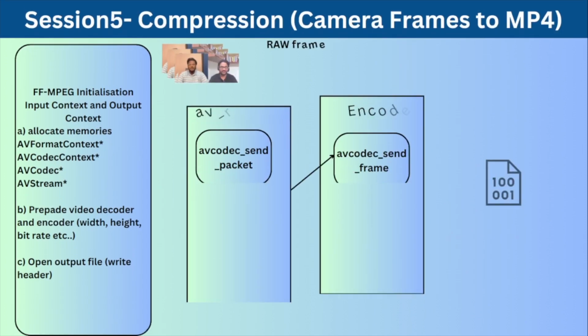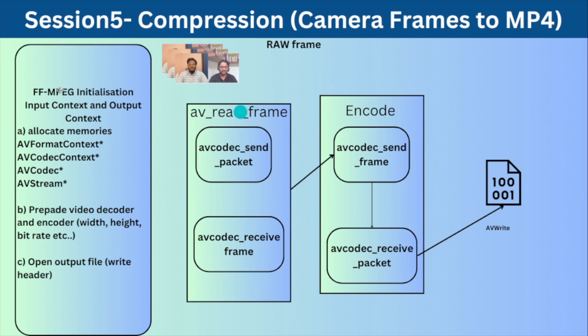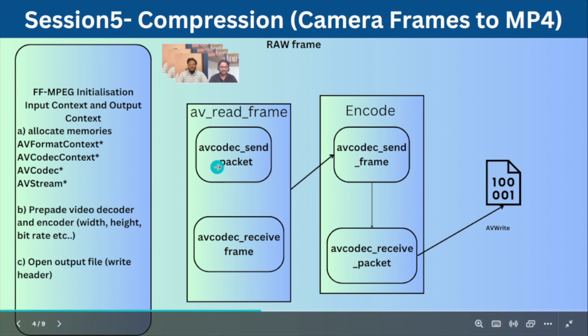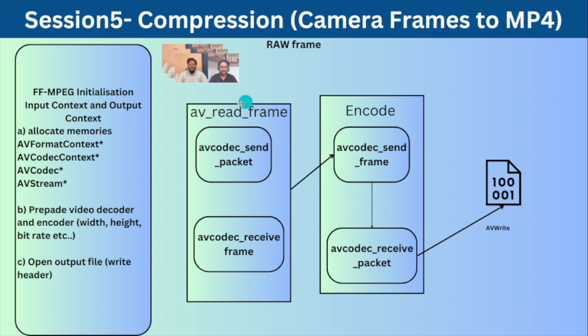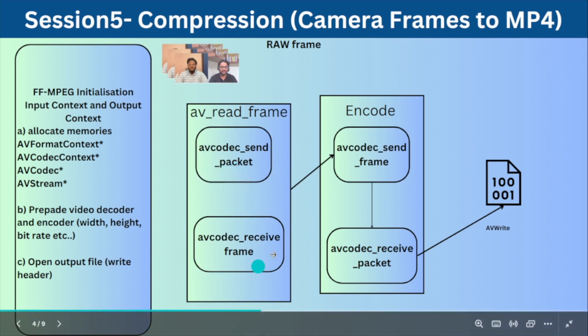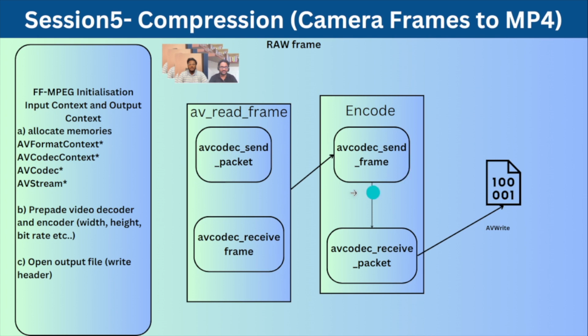In session 5, we made use of both the input context and the output context, and we declared the video decoder and audio decoder and prepared all the parameters. But the simple thing is, with the help of the API av_read_frame, we just started reading. This is the camera data, not RGB or YUV images, just the data coming from the camera, and from the camera we are continuously receiving packets. We get one packet, then receive that frame, which is a raw frame, and we encode it with avcodec_send_frame.